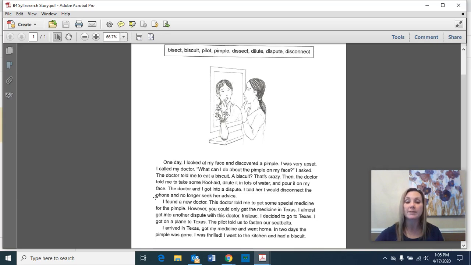Those of you who do not have a printer, you can leave your story up on your computer like mine is, and you can take a piece of paper, and as you're reading, go ahead and write down your Syllasearch words.